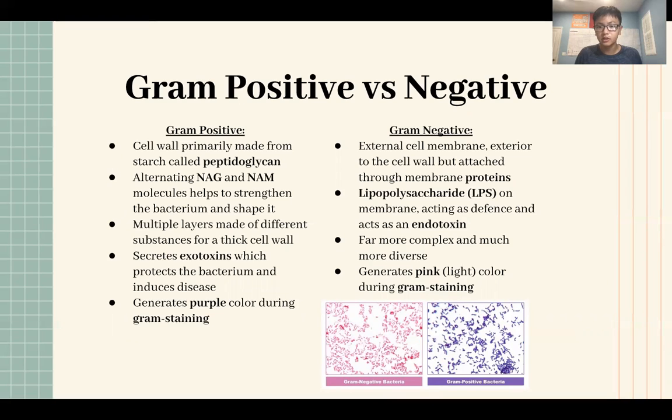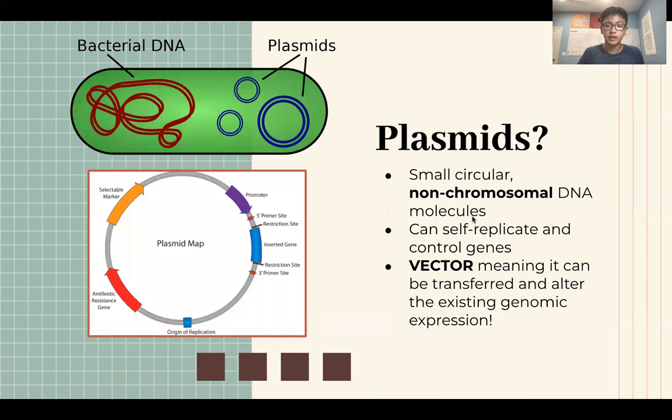It's far more diverse, and it has a lipopolysaccharide on its membrane in place of the peptidoglycan, acting as a defense mechanism. So plasmids are short, non-chromosomal DNA molecules that can replicate themselves and have genes that program some of the functions within the bacteria.